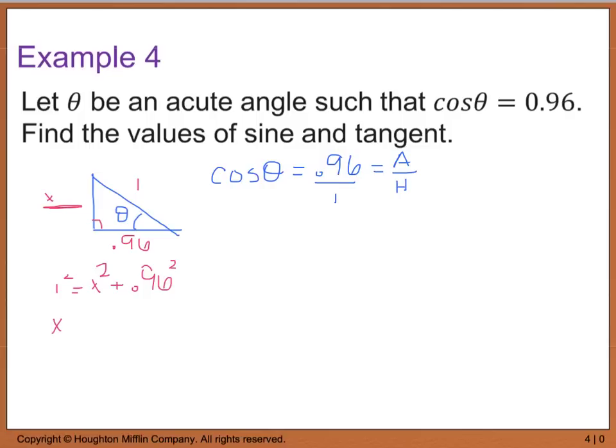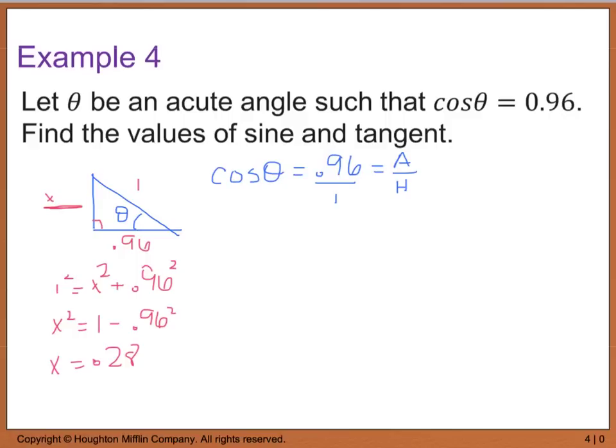And if I solve for x squared, this is really 1 minus 0.96 squared. So when I subtract that and then take the square root, I end up with x being equal to 0.28. I can also use my trig identities to help me with that if I didn't want to take that route.